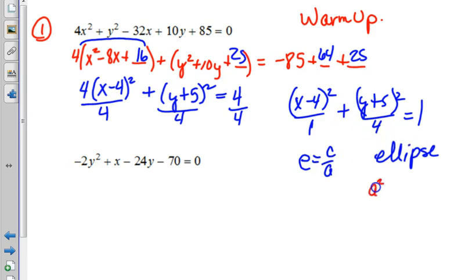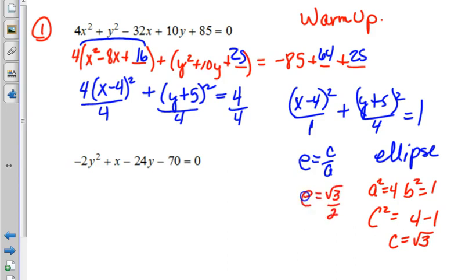So a squared is 4, b squared is 1, c squared is a squared minus b squared, which makes c square root of 3. So eccentricity is square root of 3 over 2, right? Because a was 2, not 1. Everybody good? All right, what about this guy over here?